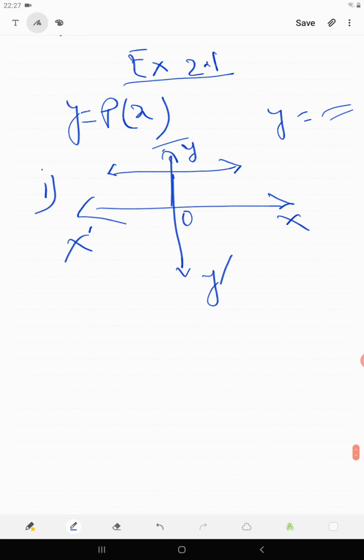Don't get confused, you can write plus x, minus x also, but generally in the normal graph when you are solving for exam purposes, the negative is represented as a dash. So x dash and negative y is y dash.